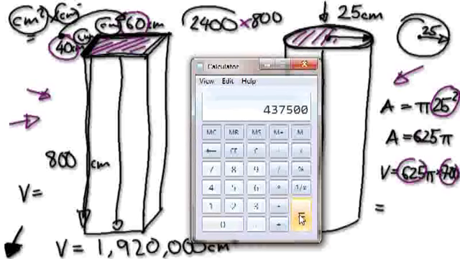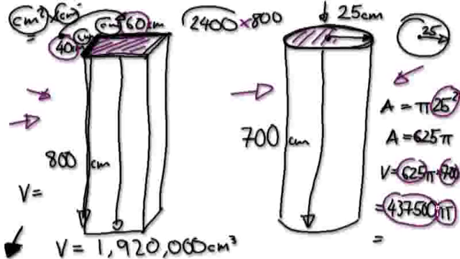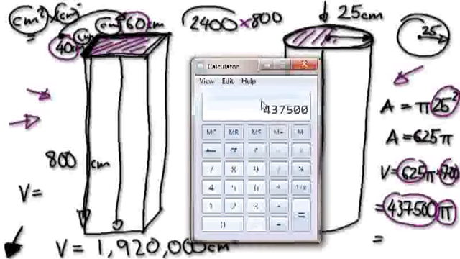Okay, so this would be 437,500 pi. Now we just need to get this number here times pi. Remember pi is just a number, so this number here times pi.